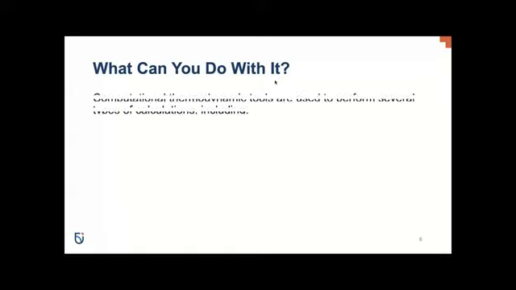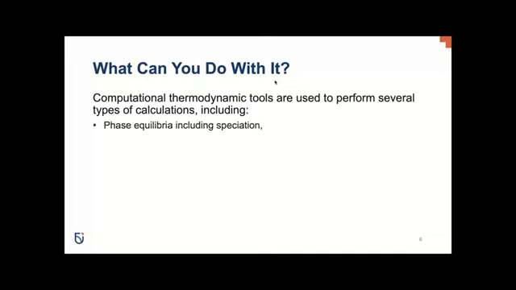So first, what can you do with computational thermodynamics? Well, you can use it to perform a number of different types of calculations, including phase equilibrium, including speciation. So for example, under what kind of conditions could you expect things like precipitation forming, different phases, phase transformations taking place, what's the speciation of those different phases, and so forth.